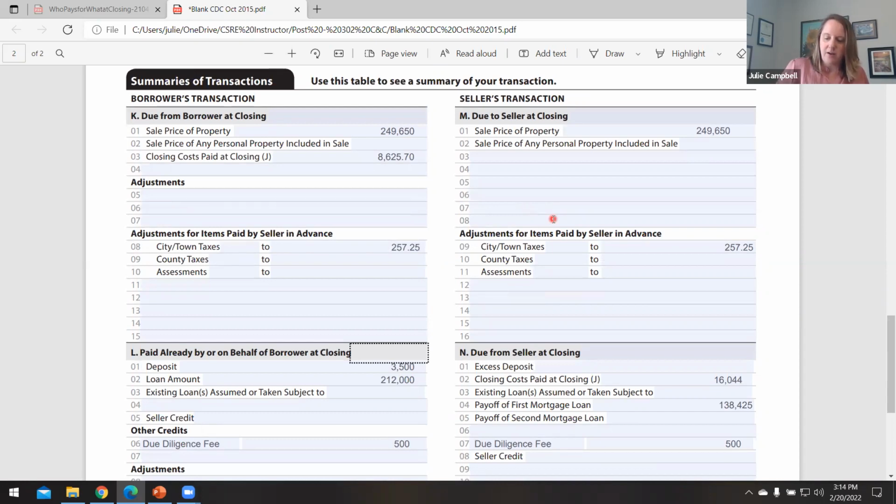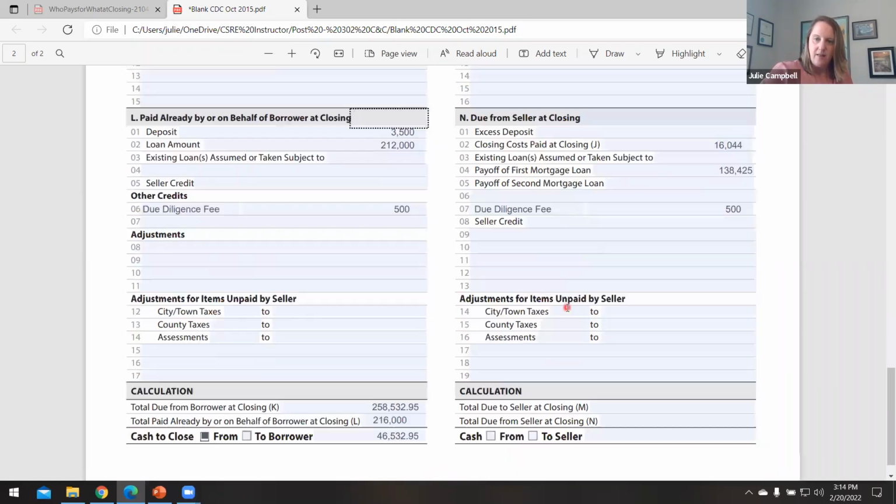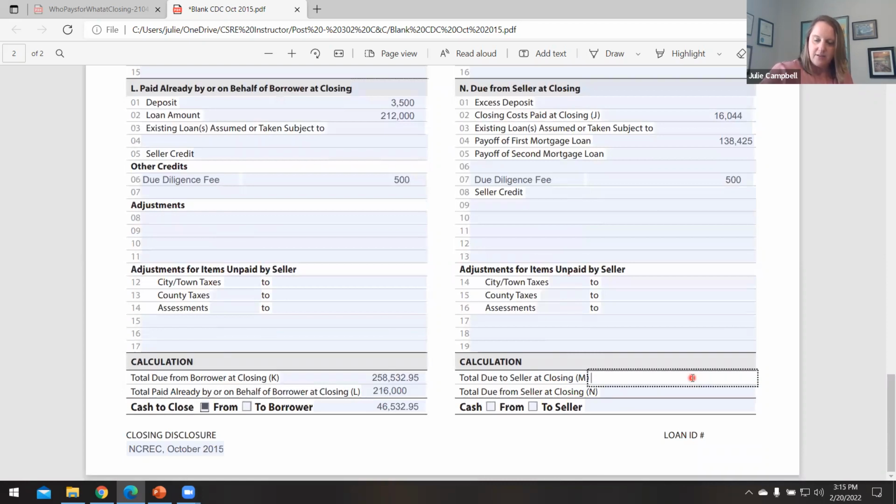So we take our sales price and what they're collecting from the buyer for their taxes, and I'm getting their total credits of $249,907.25. All their credits, money coming in on their behalf.